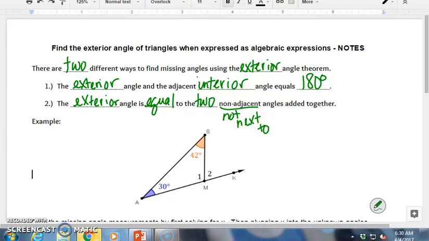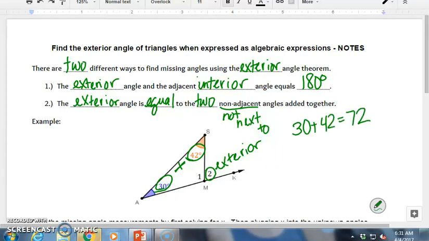What I mean by that is this is the exterior angle, and the two non-adjacent are these two angles, angle A and angle S, because they're not next to the exterior angle. So the exterior angle of 2 is equal to these two angles added together. If I take 30 plus 42, I get 72. That's going to be the same angle measurement as this exterior angle right there.